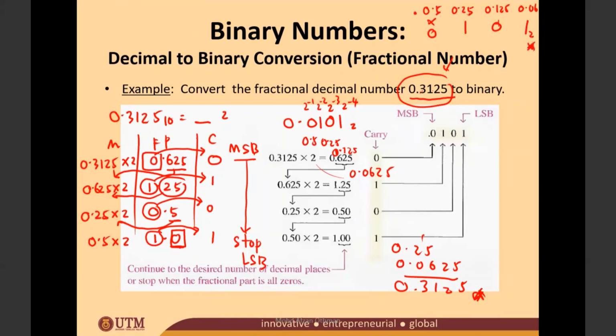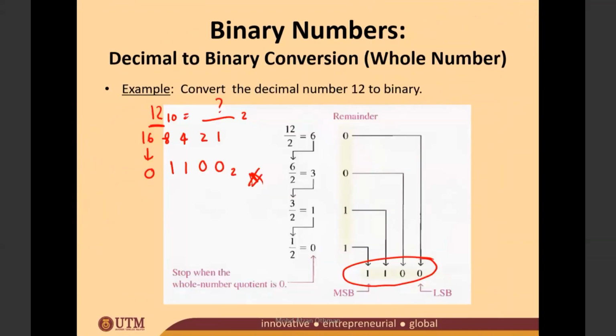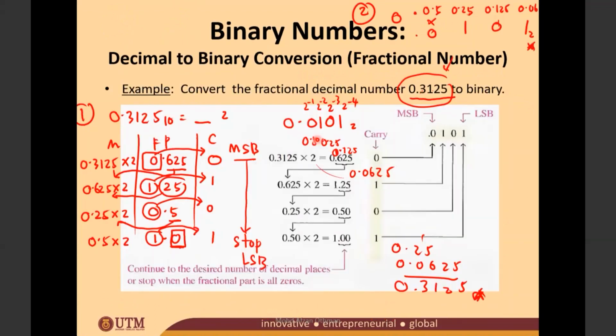Pun sama juga. So either way, sama ada kamu nak pakai cara pertama ataupun cara kedua, dua-dua pun saya terima. Tapi untuk yang whole number, better pakai cara kedua compared to cara yang pertama.